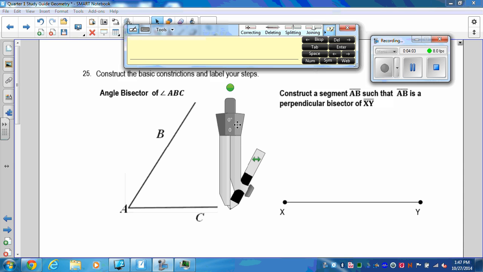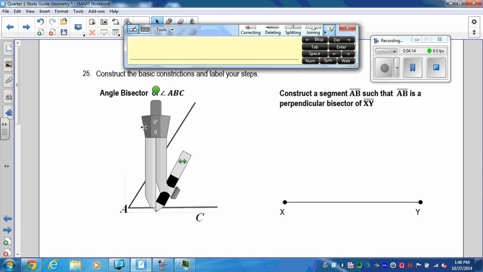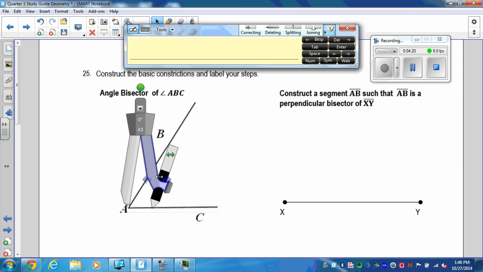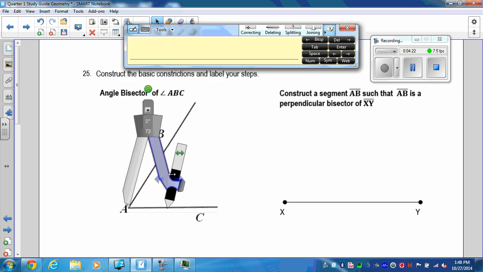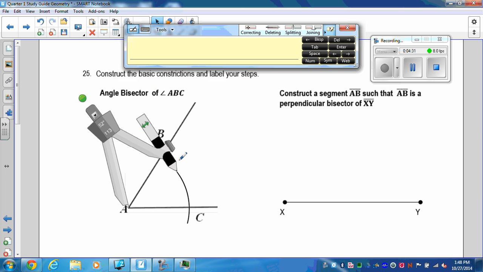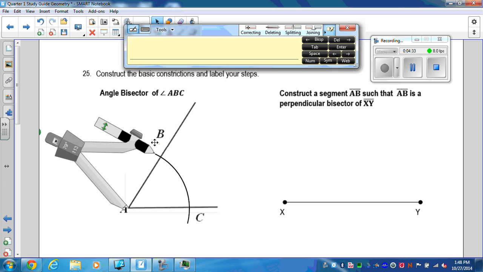Okay, we're going to continue here, and our first step for constructing an angle bisector is to put our compass point on A. And then we're going to open the compass so that it's a little wider than half the distance. And then we're going to swing an arc across both legs.